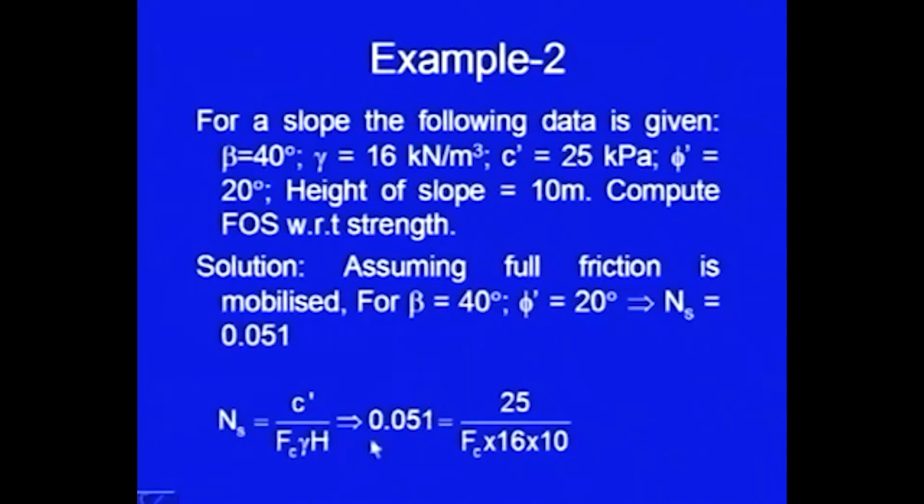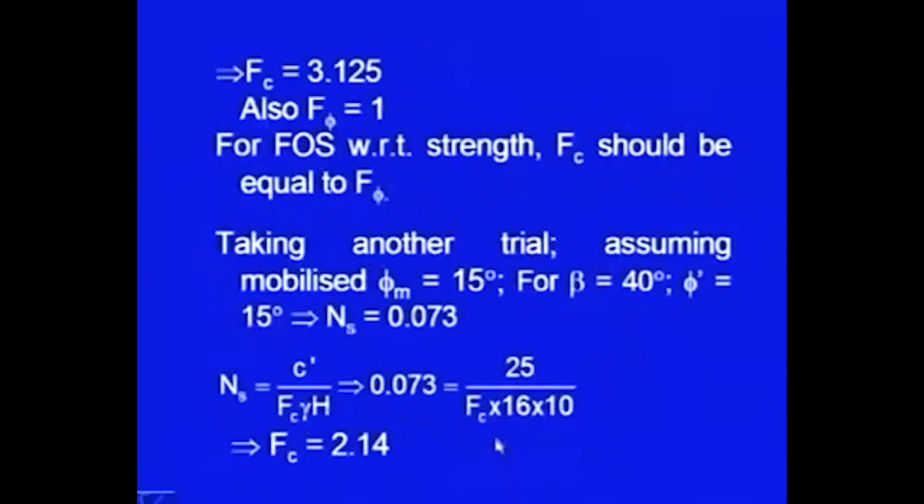So, NS is equal to 0.051 and on right hand side you have C dash 25, Fc and gamma into H. Here phi dash is 20 means it is fully mobilized. So, from here Fc comes out to be 3.125.